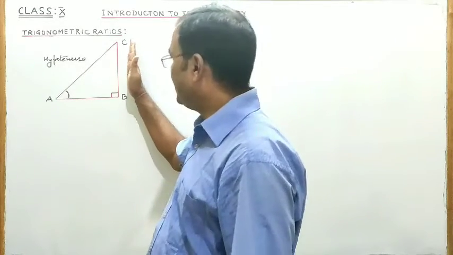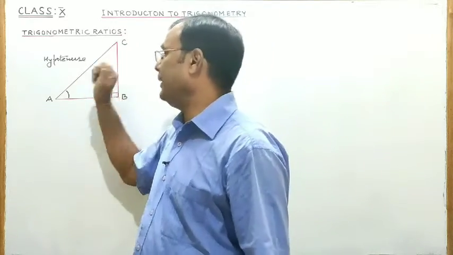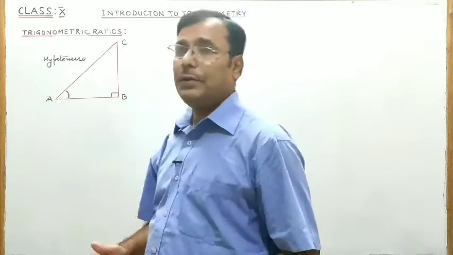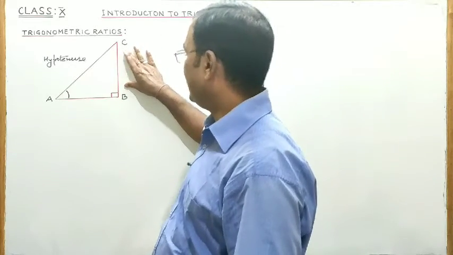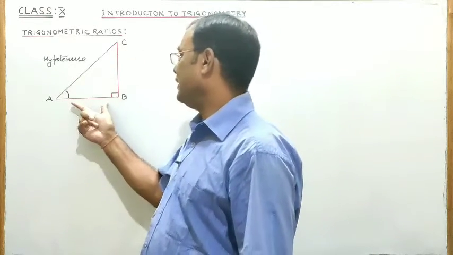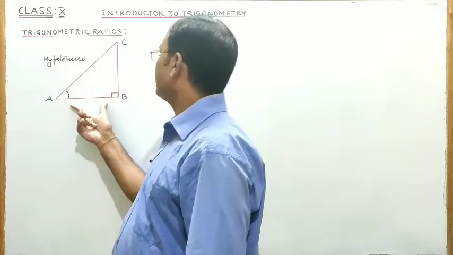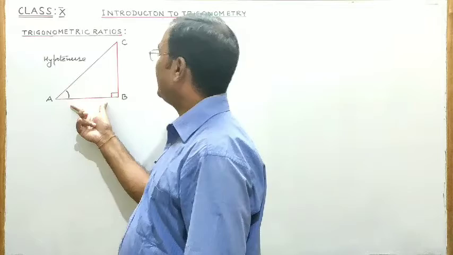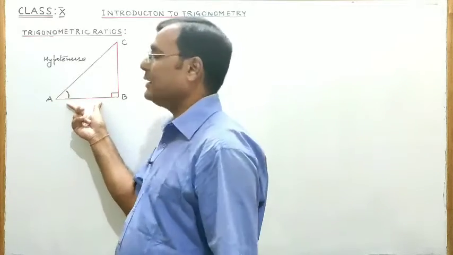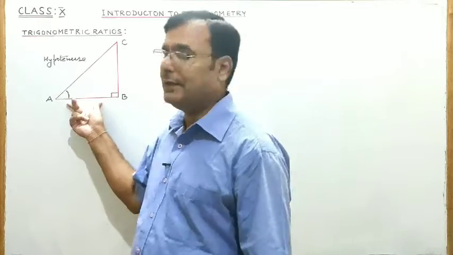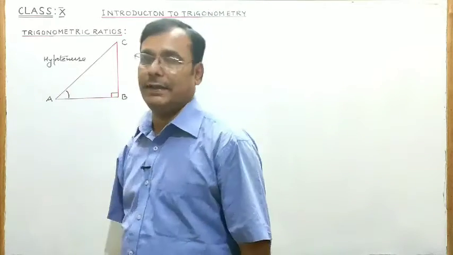So this side BC is called side opposite to angle A, or we may also call it perpendicular because side BC is at 90 degree with side AB. And also note this side AB, which is a part of acute angle A, is called side adjacent to angle A.